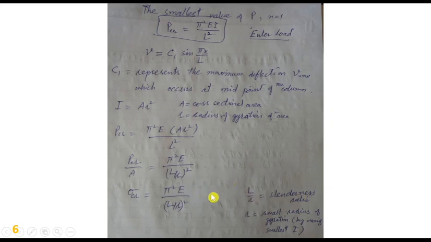We have shown this term in terms of the slenderness ratio, and we take the smallest radius of gyration by using the smallest I. So sigma critical is equal to pi² E over (L over r) whole squared. That is the critical stress.